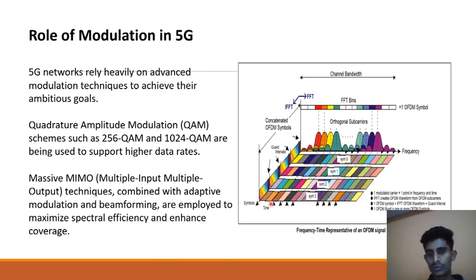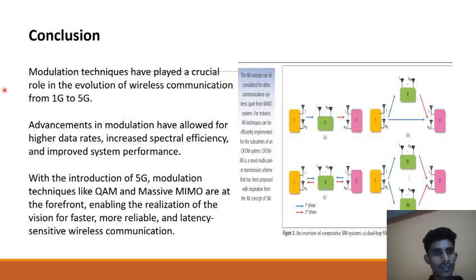And we can observe here the role of modulation in the 5G era. Let's come to the conclusion. Modulation techniques have played a crucial role in the evolution of wireless communication. Without modulation, wireless communication doesn't exist.